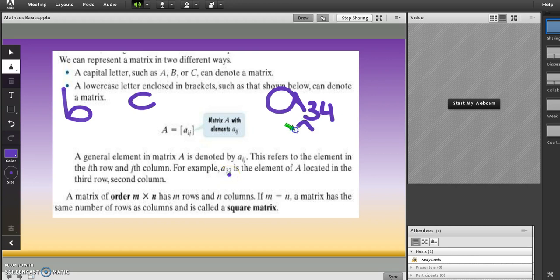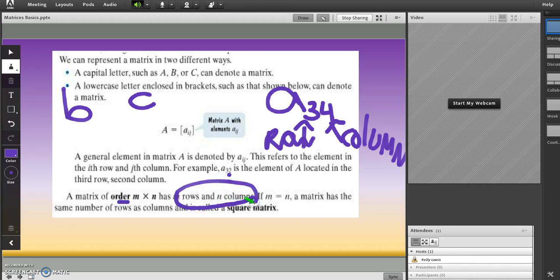The very first number is rows, and then the second number is columns. And the order, it's kind of like the size, is also rows by columns. So it's not ABC order, it's row by column. Row by column. I always get it confused, so I wanted to write it down.